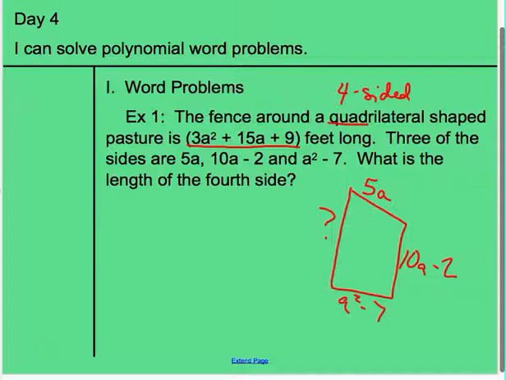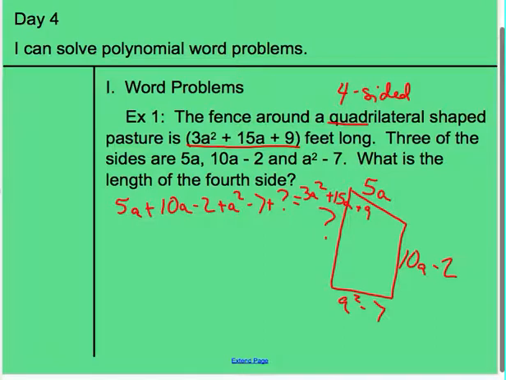So I would start adding these three sides, and know that it totals my 3a squared plus 15a plus 9.